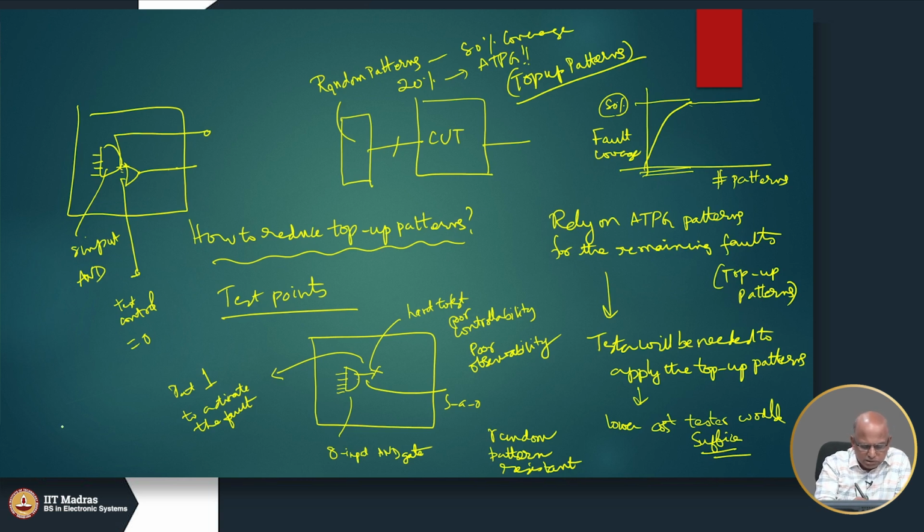Any logic BIST tool will insert test points, and if you allow it to insert more test points, then it will be able to reduce the number of top-up patterns. It will do it better and better.